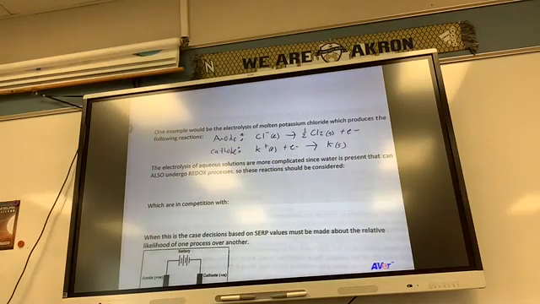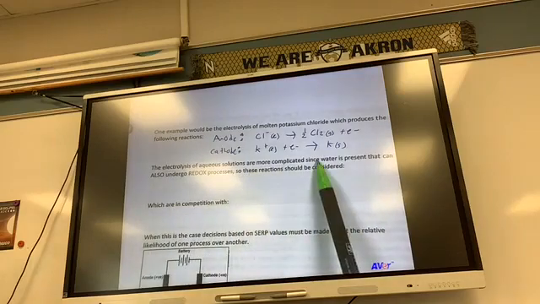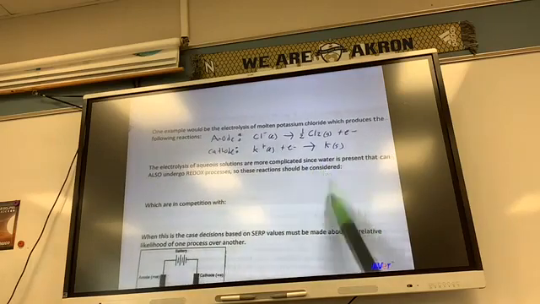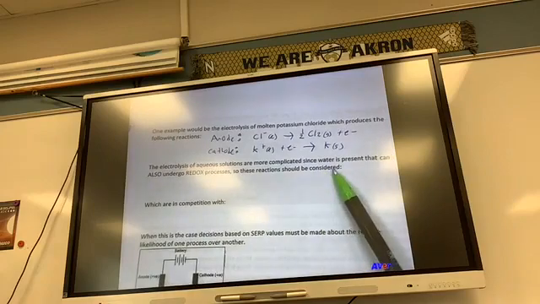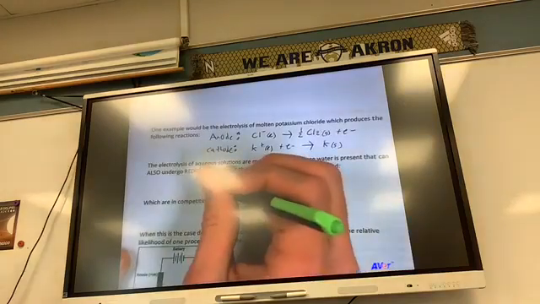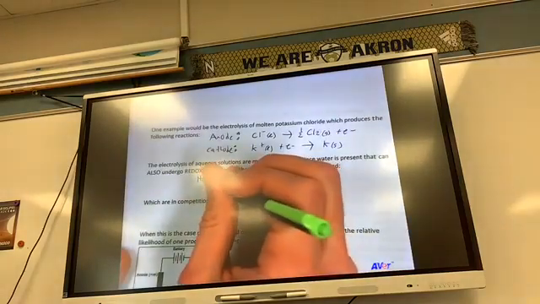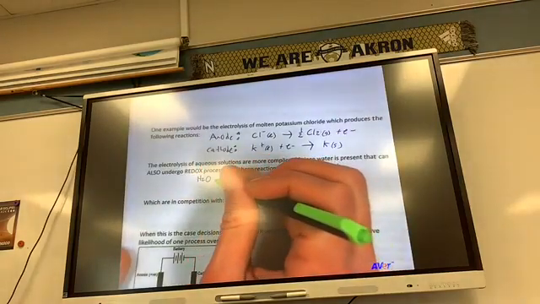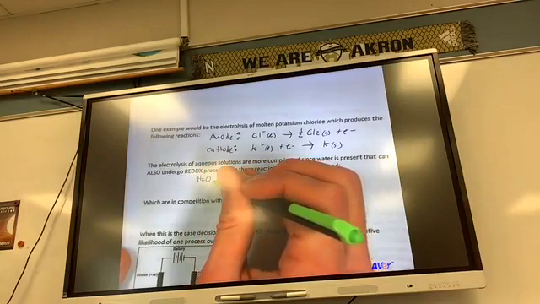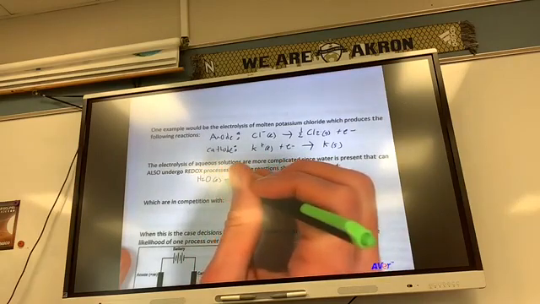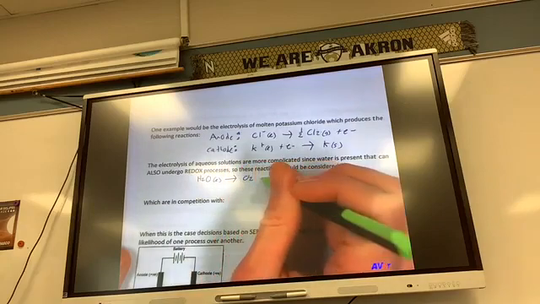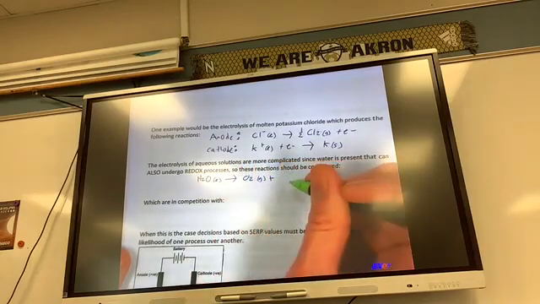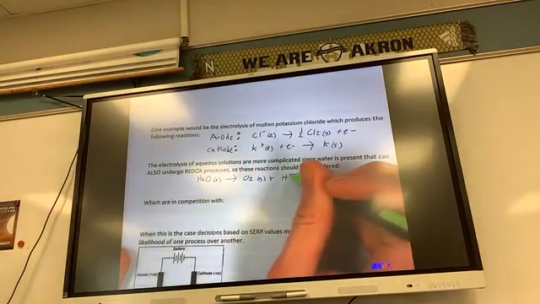Yes? So, the electrolysis of aqueous solutions are more complicated because water is also there. And water can also undergo redox. So you could also have something like this, where you have H2O, which is a liquid, making oxygen, O2, which is a gas, plus H plus.